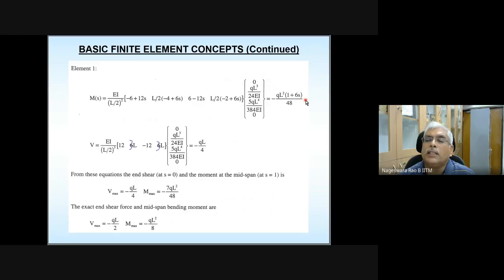So that is a kind of trick that is adopted for distributed load problems when we are adopting this 2 node element to get the exact solution. That is what is called fixed end solution correction. You just add the fixed end solution to whatever you get here, then the solution is going to match the exact one.